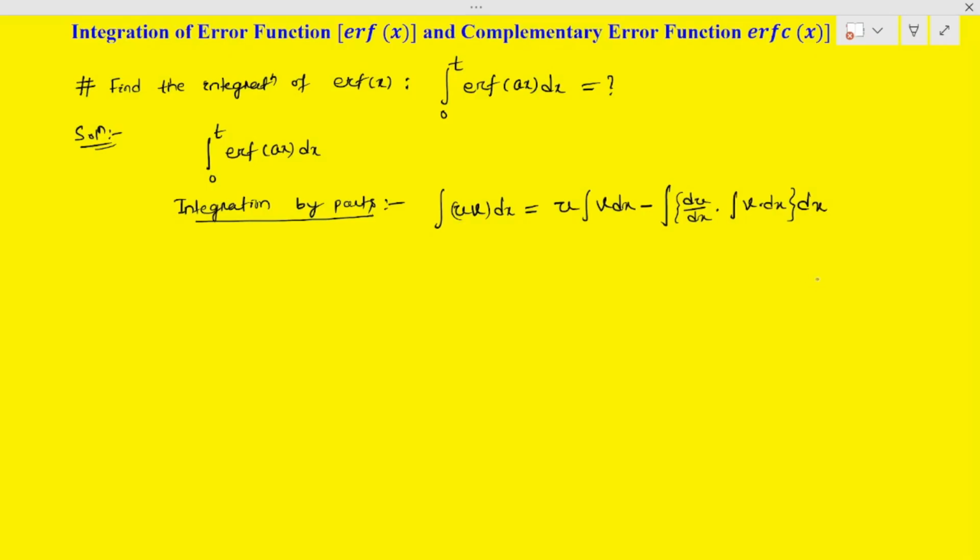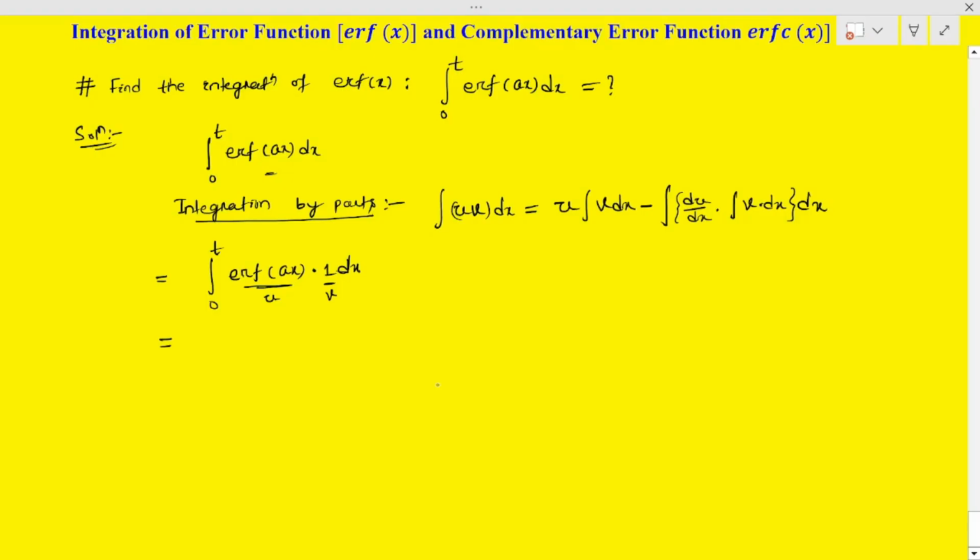So here we have this integral, or we can write this integration as 0 to t of erf ax into 1 dx. Here we are going to consider this function as your first function, that is u, and this one as your second function v. Now we are going to apply the by parts on this integral.